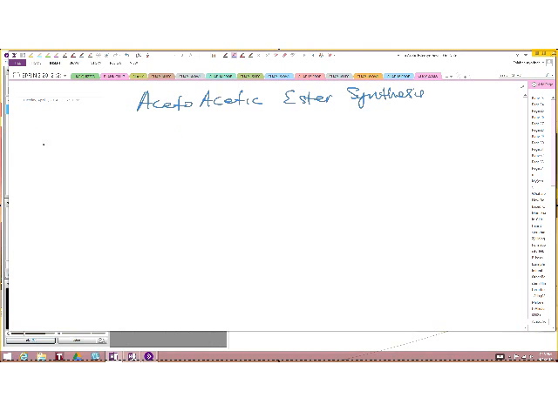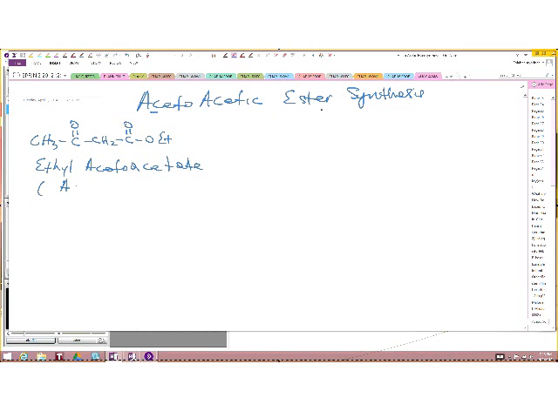This molecule here, I'm going to use Et, we call this ethyl acetoacetate.